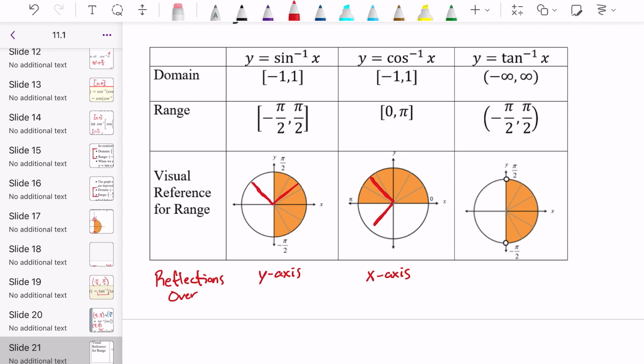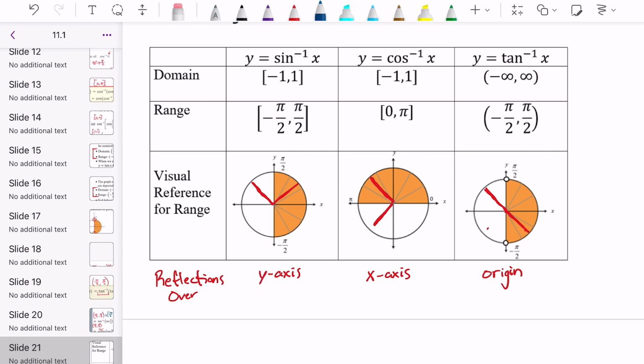If we are reflecting for the inverse of tangent, if we are in quadrant 2, we would go ahead and reflect over the origin and into quadrant 4. Now, this would happen at any point for each of these different inverse trig functions.